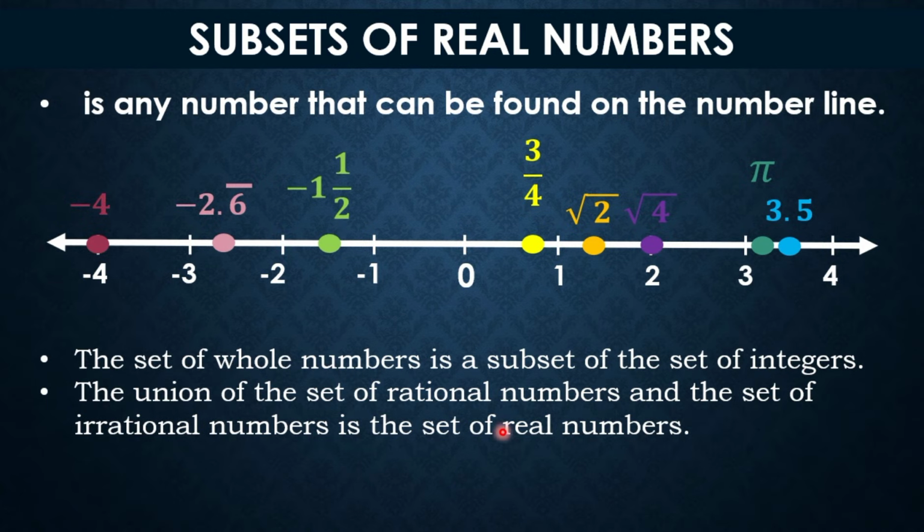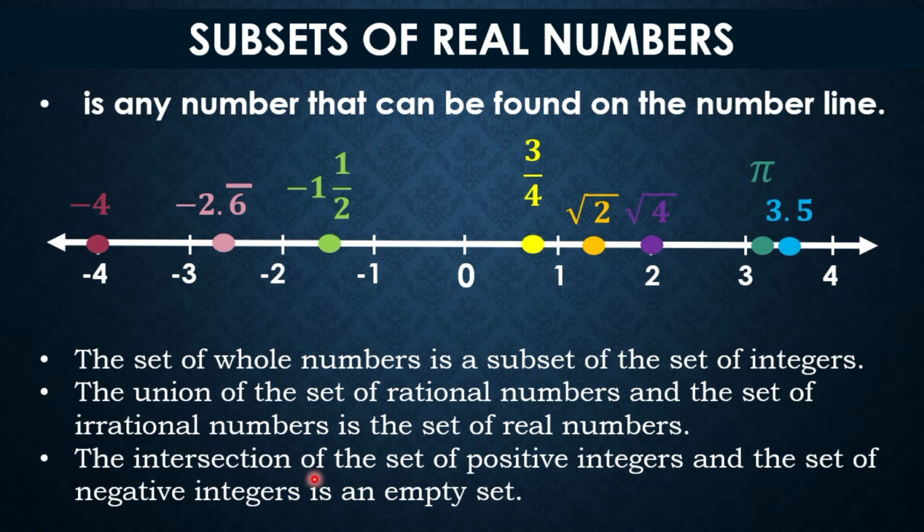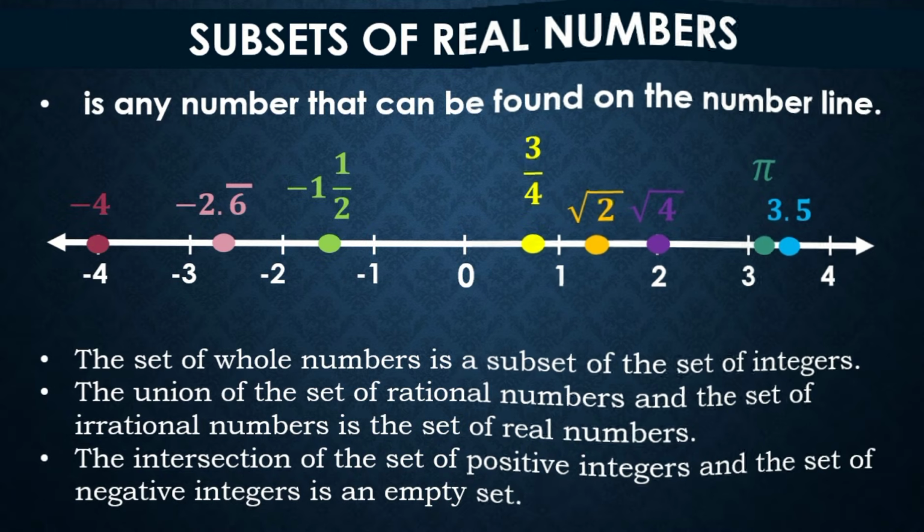Okay, so this is true. Next, the intersection of the set of positive integers and the set of negative integers is an empty set. Kung kukunin natin yung intersection, when we say intersection, common. So, meron bang common between positive integers and negative integers? Wala po. That's why it's an empty set. So, this is true. Okay.